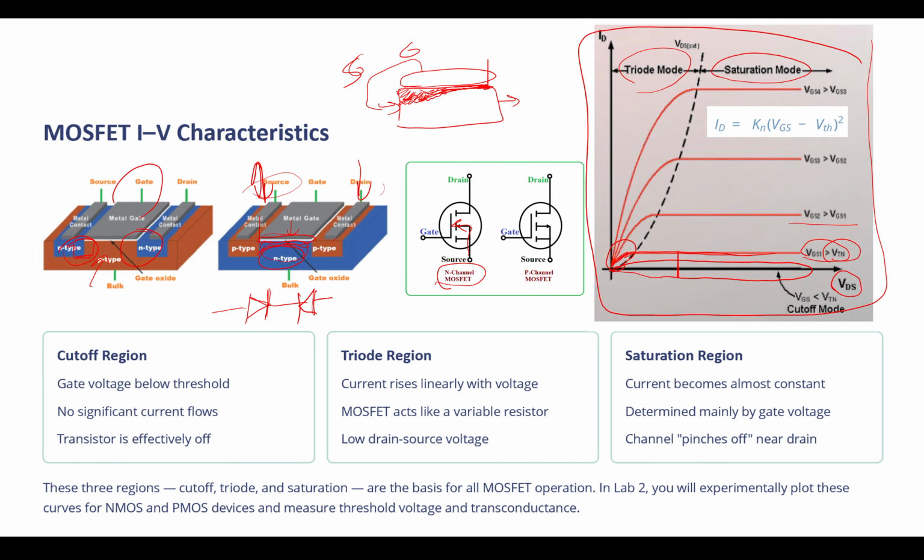That means I have a wider channel, so I can provide more current. I can transfer more current between drain and source. So my curve is going to have a higher saturation current, and as much as you increase the VGS, it would go higher and higher. Any questions so far?